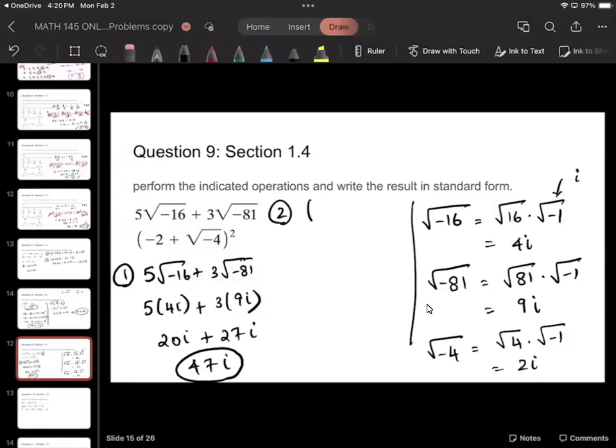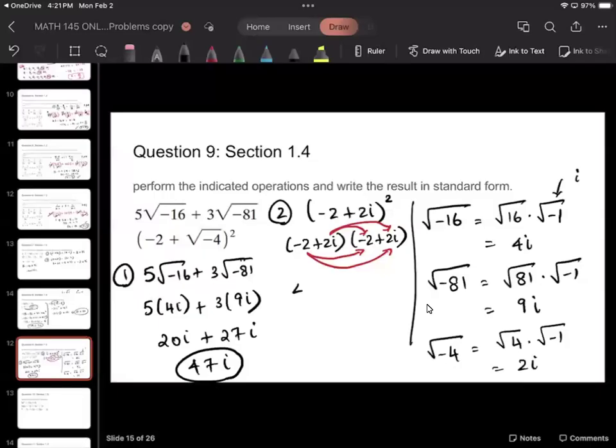Second one, you have negative 2 plus 2i the whole squared, which is nothing but negative 2 plus 2i times negative 2 plus 2i. FOIL, okay? So this goes into both, this goes into both. Then what happens?